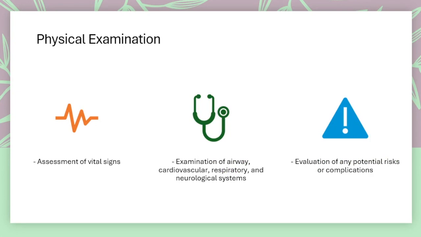Right. So once we take the history, our next important part is the physical examination. You have to examine the patient in a systematic way, paying more attention to the cardiovascular and respiratory systems, and you need to assess the airway.